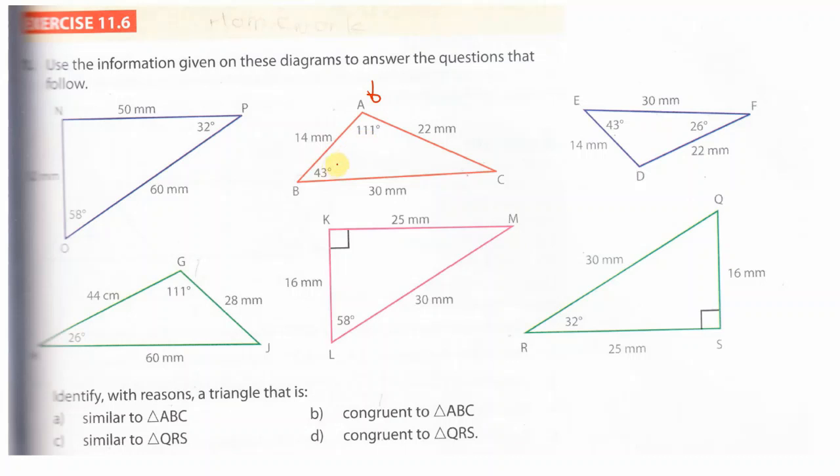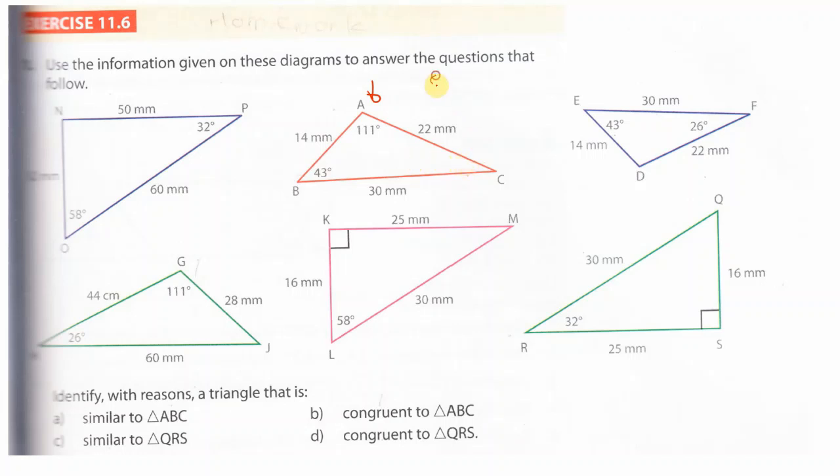In order to determine the shape properties, we have to look at the size of the angle. So we need a triangle with matching sizes. So you can see here we have a triangle with 111 degrees that match. You know, a triangle has 180 degrees, so if this is 111 and this is 43, we can obtain the missing angle.